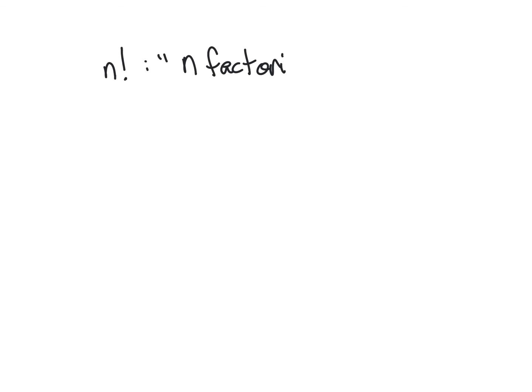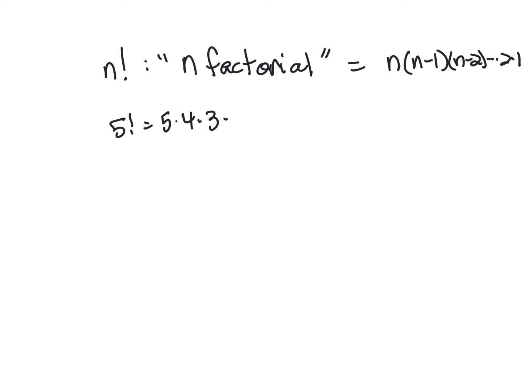It's defined as the number, whatever n happens to be, times every number lower than that all the way down to 1. So 5 factorial would be 5 times 4 times 3 times 2 times 1. These are used a lot. They're used in probability and tons of other things.